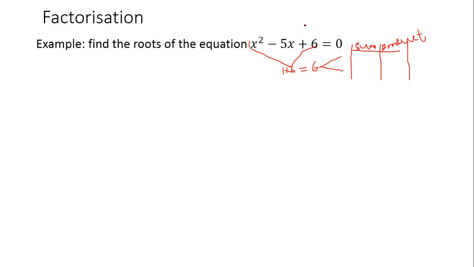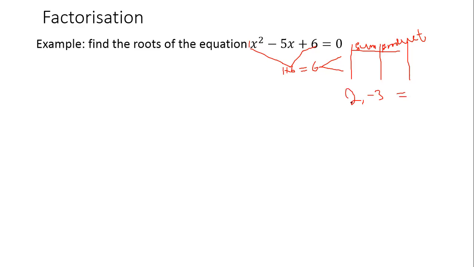So what could be those numbers? 2 numbers that we multiply to give us 6, and when we add them, they give us negative 5. Positive 2 and negative 3.